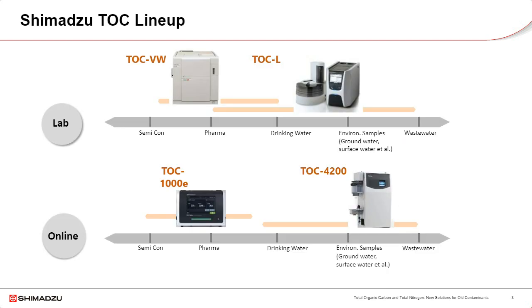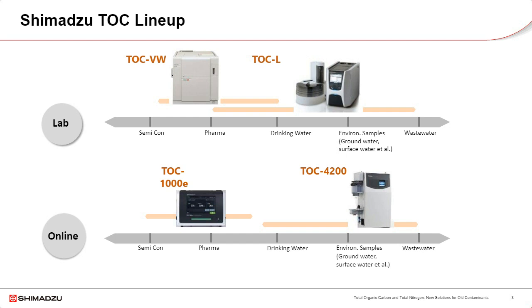First, we're going to talk about Shimadzu's lineup of TOC instruments. As you can see in this slide, we offer a wide variety of TOC instruments to suit every application. On the bottom, you can see we do make online analyzers.